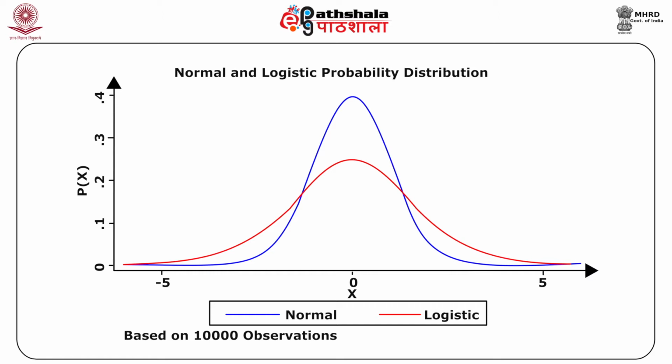Let's now look at the next graph. In this graph, we have the normal probability distribution and the logistic probability distribution. Again, we have on the x-axis the values of x and the values of f(x) on the y-axis, which is also based on 10,000 observations. The lower graph is the logistic distribution graph, whereas the blue one, which is almost the upper graph, is the normal distribution.